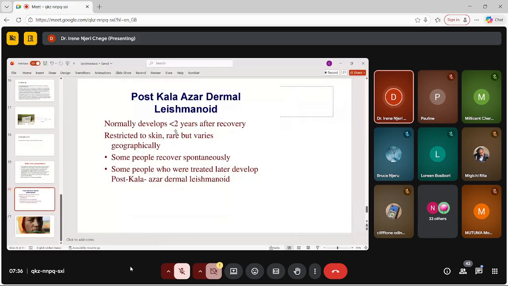Here it says restricted to the skin. It is rare but varies. Some people can recover spontaneously, and others carry the disease. So this is post-Kala-azar dermal leishmaniasis. It presents as a cutaneous infection that looks a bit like leprosy.